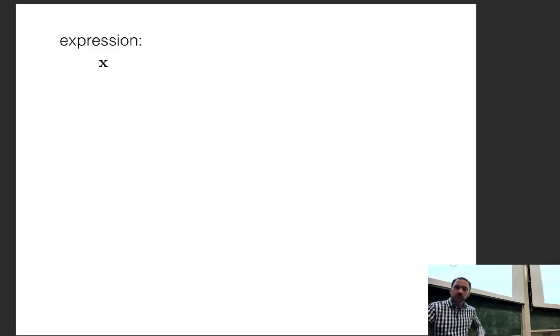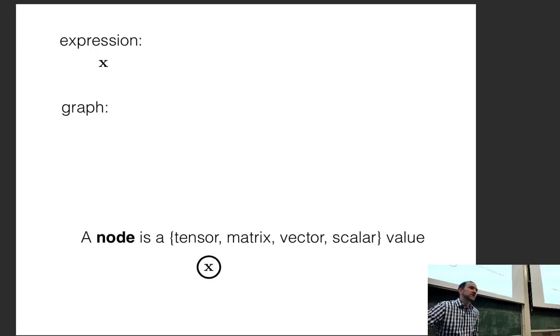We can create something called a computation graph that basically expresses this function. And in the case of x, this is a single variable. So we have this single node in the graph. And this node can be a single scalar value. It can be a single floating point value.